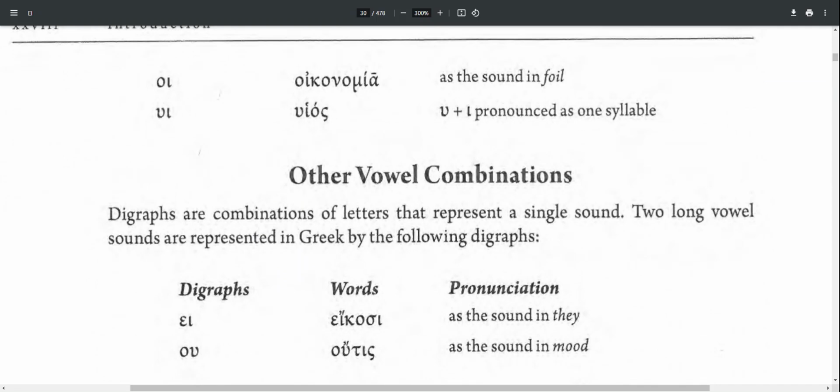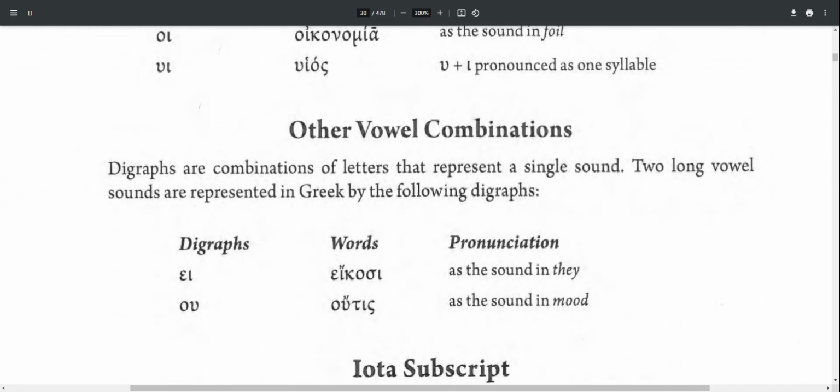And you have other vowel combinations. These are called digraphs because you have two vowels, but they don't sound like a diphthong. Like the letter epsilon and the letter iota together, they have a sound like e, eikosi. Most of the time, I pronounce it like a, eikosi.